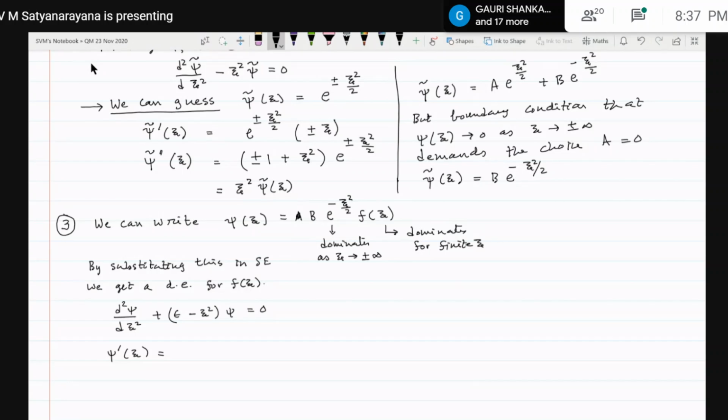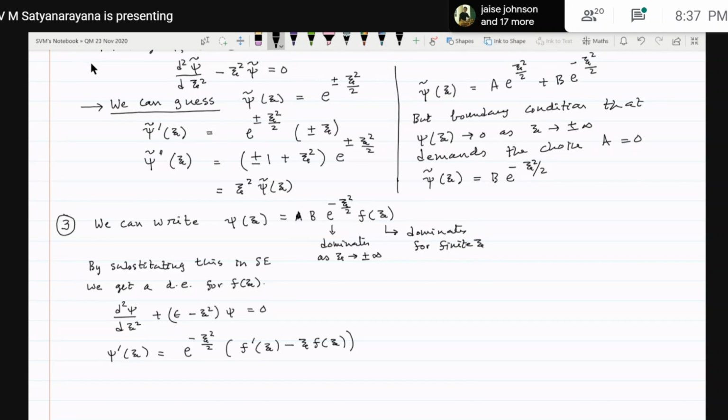So that is equal to, I can write down e to the minus xi square by 2 into f prime of xi minus xi into f of xi, because this is two functions, a product.